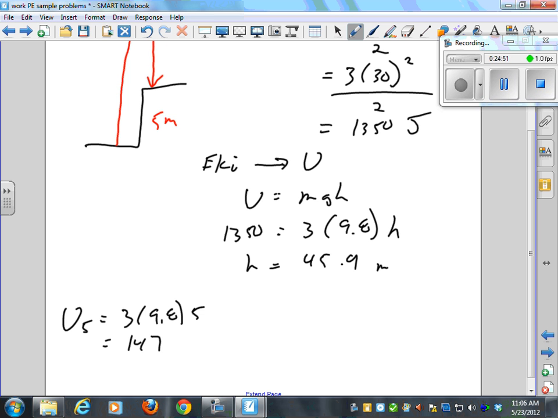So it should have 147 joules of potential energy there, which means it should have 1350 minus 147, which is 1203 joules of kinetic.